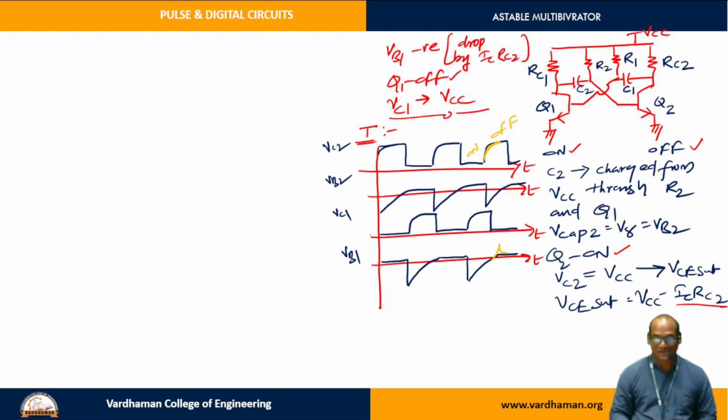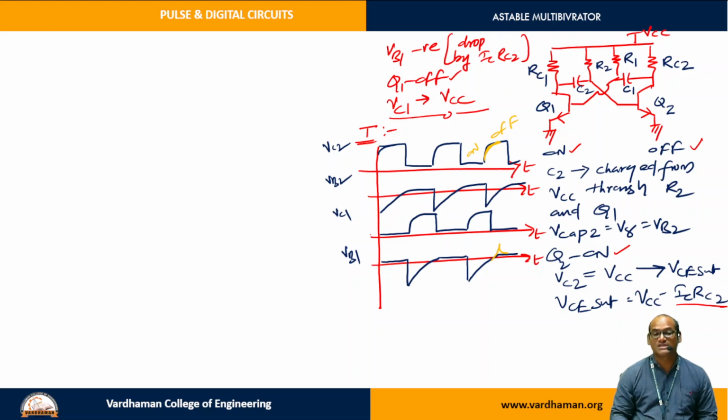Now our intention is the derivation of the time period of the output. If you see, the time periods of all these four waveforms are equal, and we are going to use the capacitor voltage to derive the equation of the time period. Why? Capacitor voltage is equal to base voltage only, because you can see in the circuit the base voltages of Q1 and Q2 are connected to capacitor voltages only.